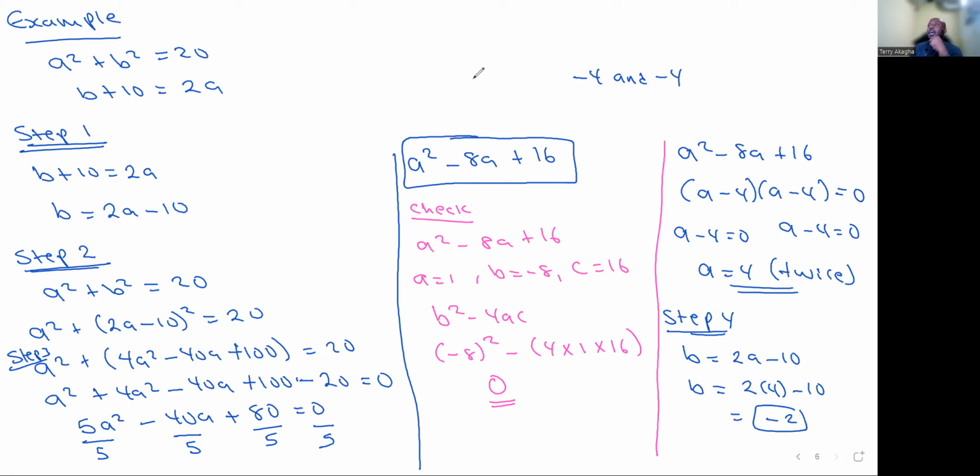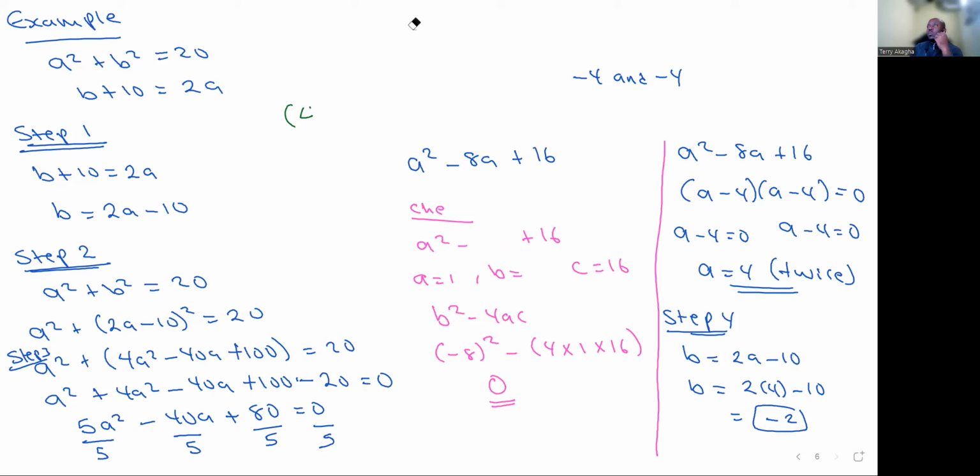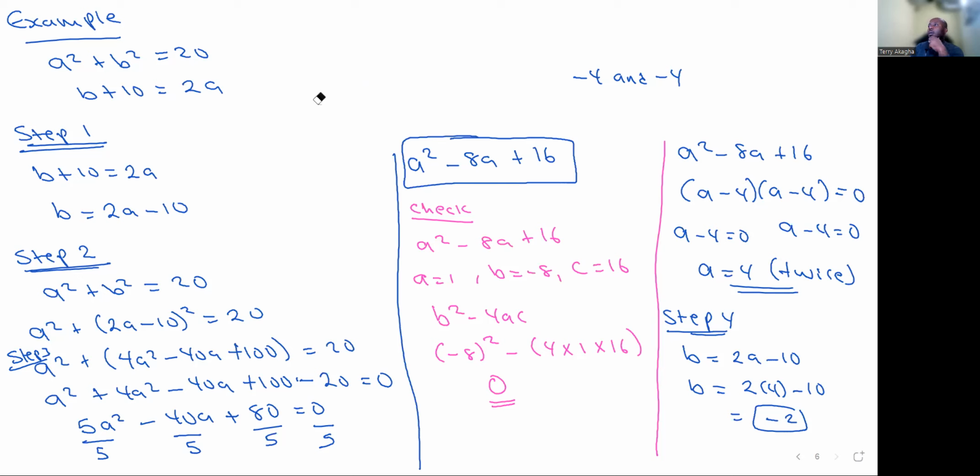So for this question, a is equal to 4 and b is equal to minus 2. That will be the point that satisfies the simultaneous equation.